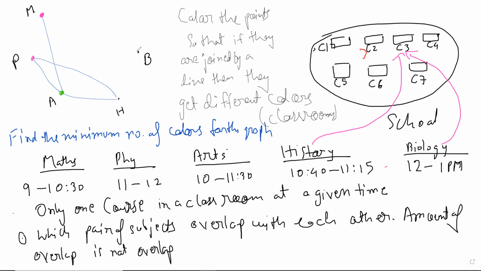I can color the biology also with pink because it doesn't have an edge. Right? I can color history with pink as well. Is that right? Oh, sorry. Yeah, that's wrong. Otherwise, we'll just need two colors. So for history, I need a third color, right?